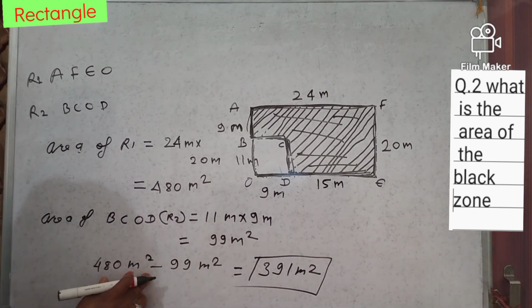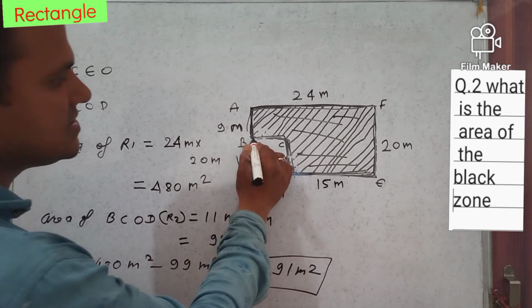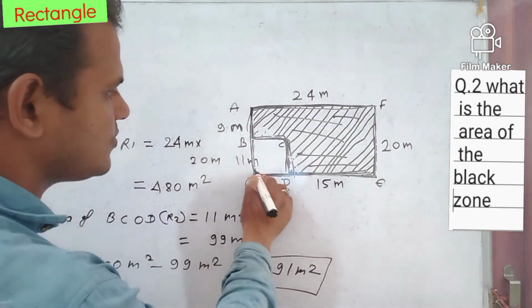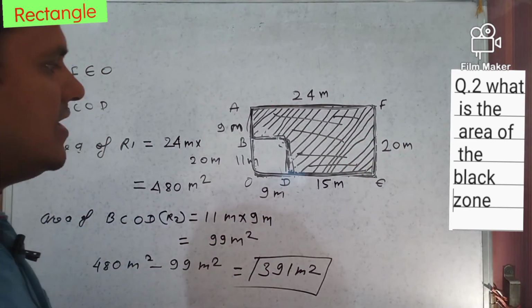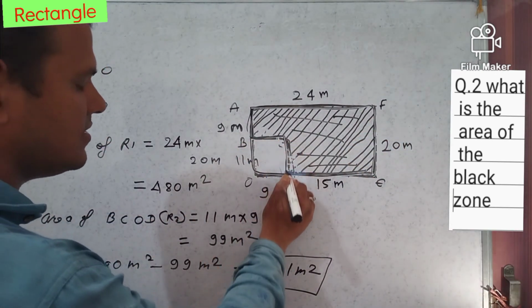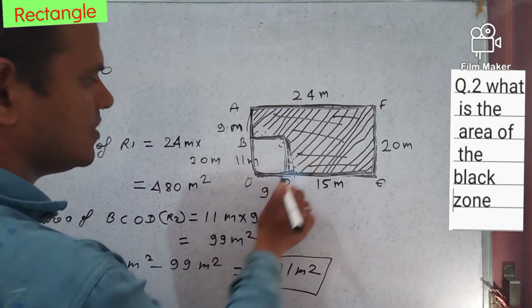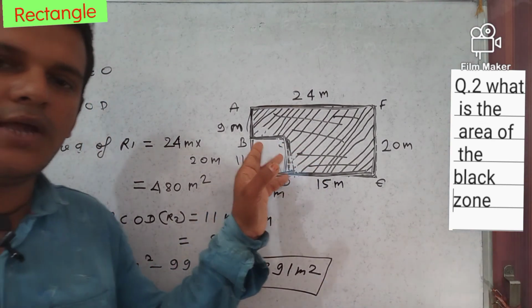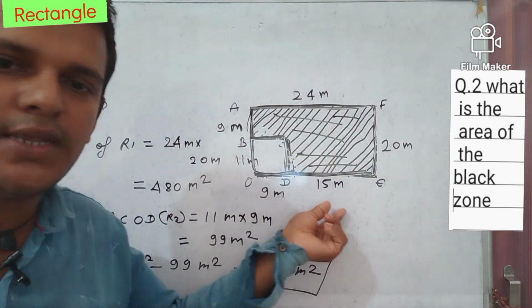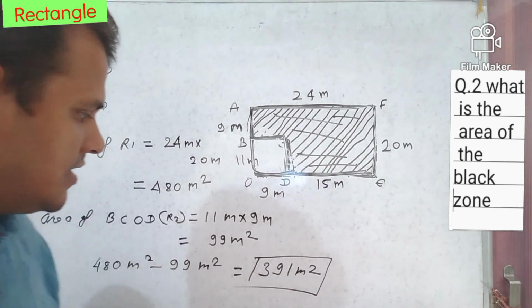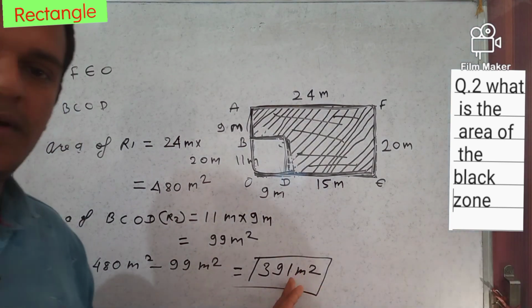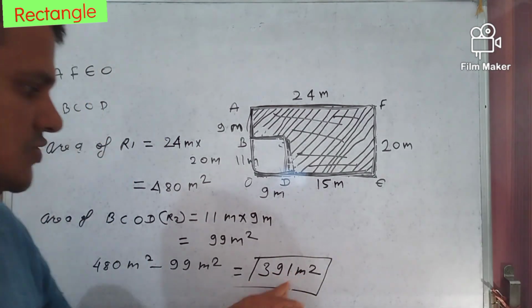So 480 meter square minus 99 meter square will be 381 meter square. So this is the answer of this question.